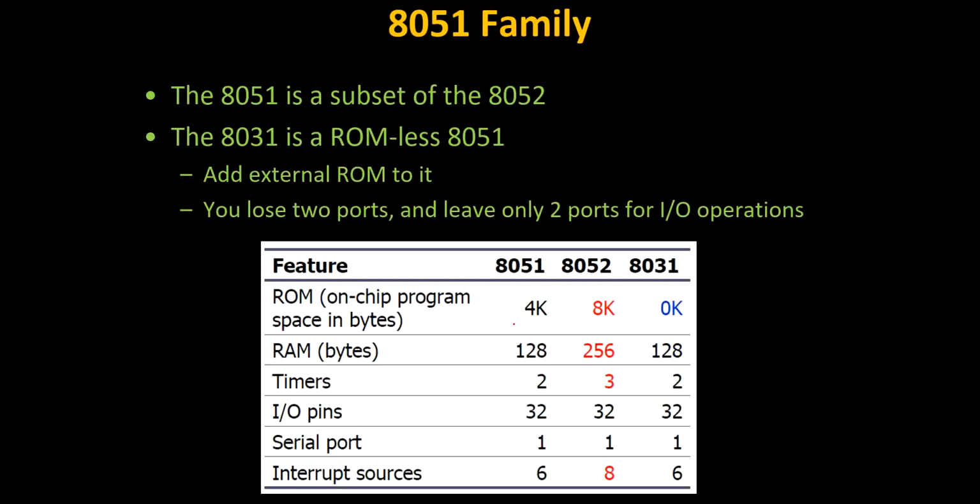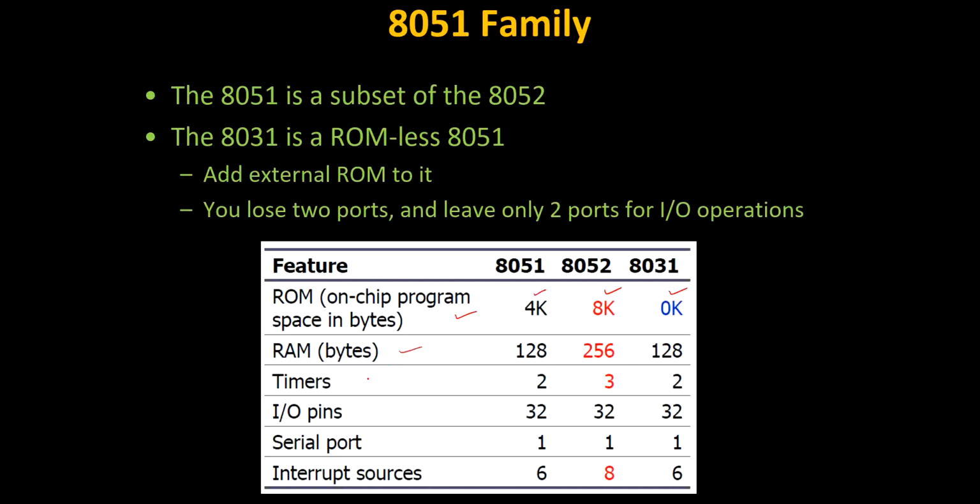We can see that for the ROM present on chip, 8051 has 4K, 8052 has 8K, and for 8031 we can add external, not internal. So that is one difference.